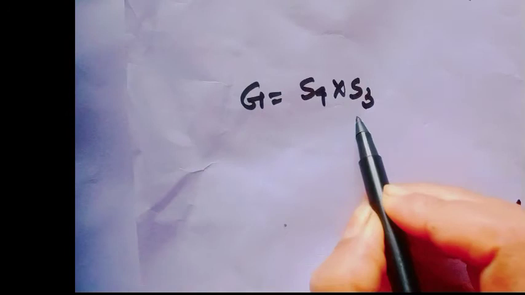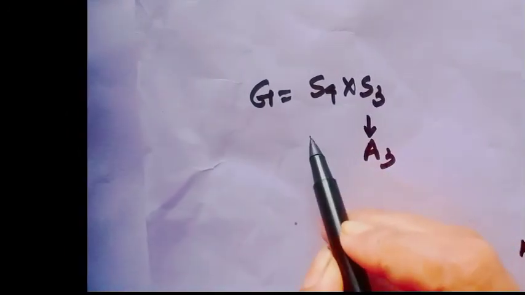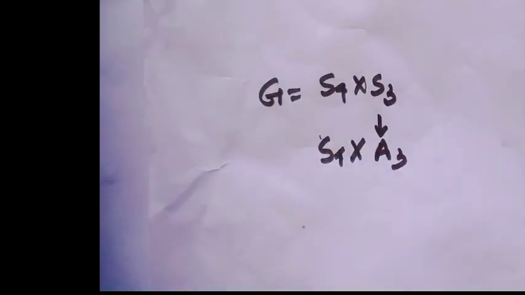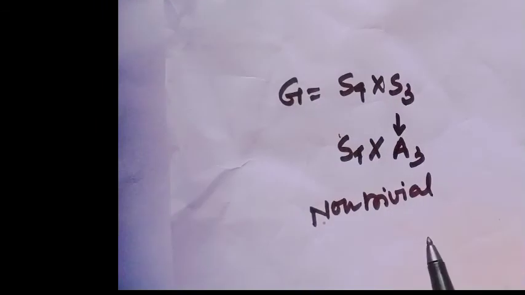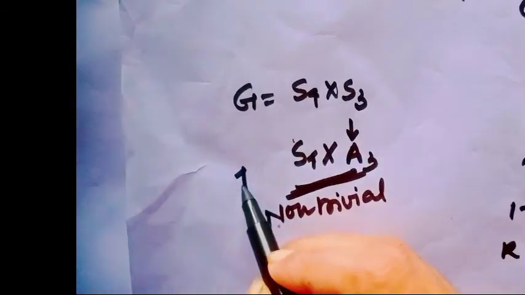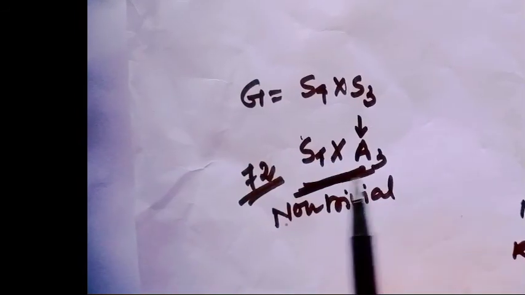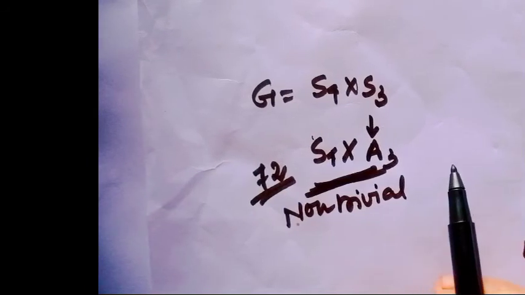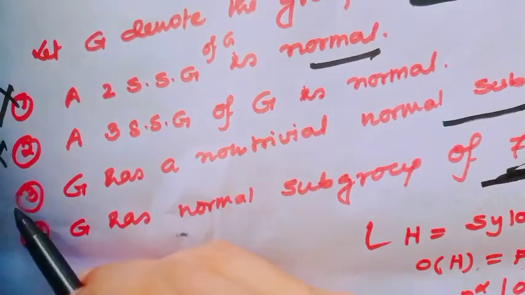If you consider a normal subgroup A3 from S3 and consider S4 itself, then S4 direct product A3 would always be a non-trivial normal subgroup. And the order of this normal subgroup is 72. Notice here, I have considered this subgroup because the option has given G has a normal subgroup of order 72. So option 3 and option 4 are the right options.